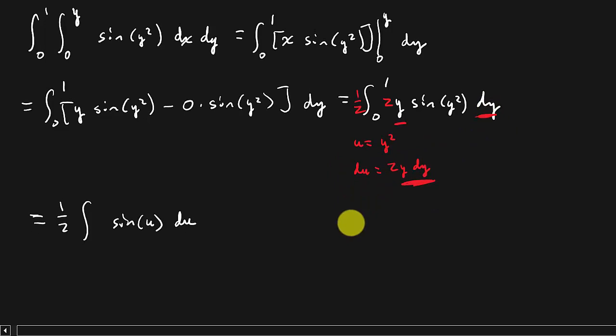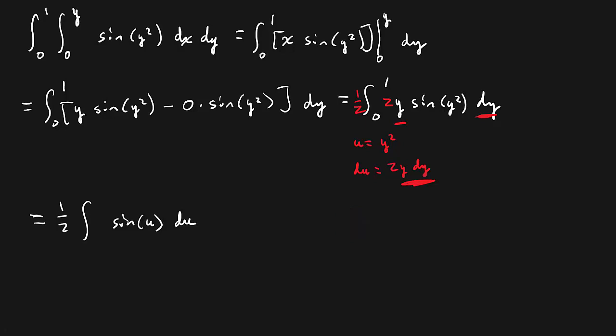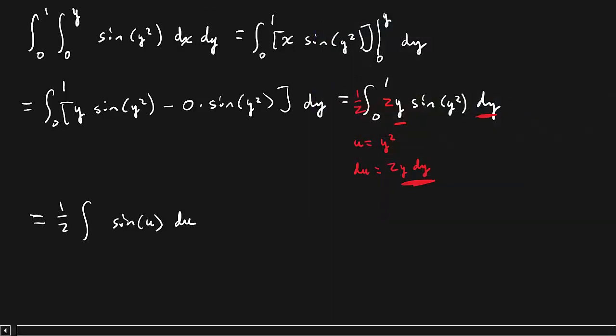Now remember, we're in terms of u now, so we have to change our limits. Do you remember how to do that? So remember, to do that, we've got u equals, so what I have to do is take this bound and this bound and plug them in for y.